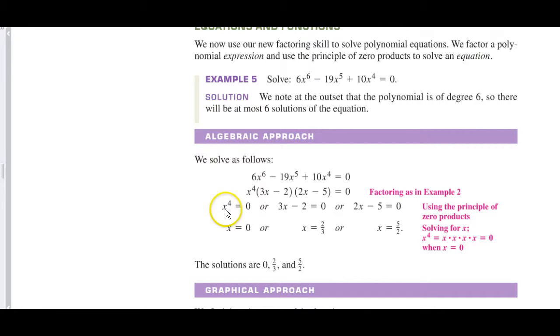Well, no, you're going to get x to the 4th equals this. And that is equal to 0 anyway. Here we transpose the 2, becomes a positive 2, divide by 3. Transpose the 5, negative 5, becomes a positive 5, divide by 2. Those are your zeros. Okay?